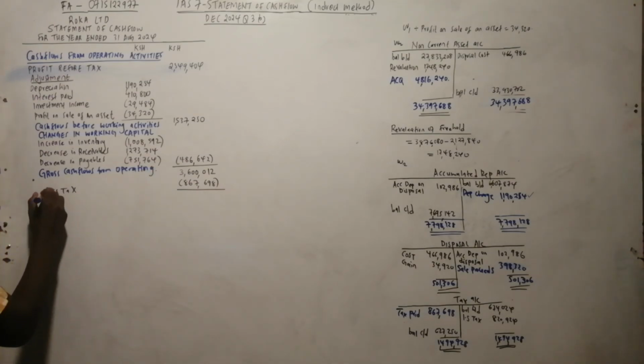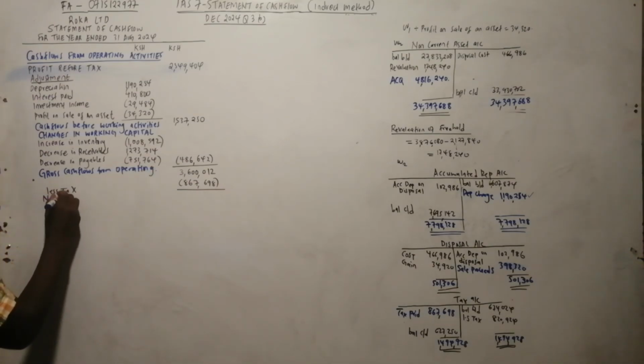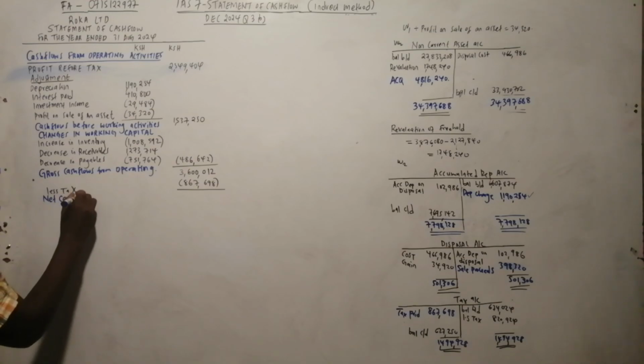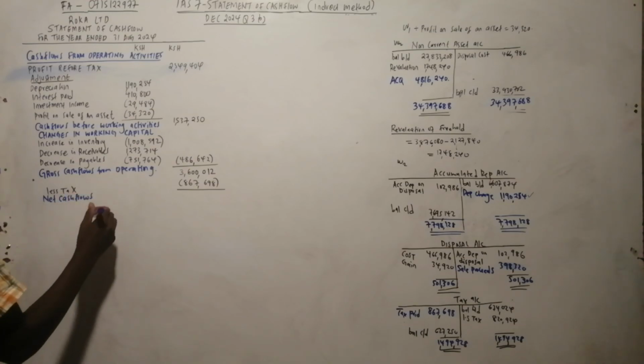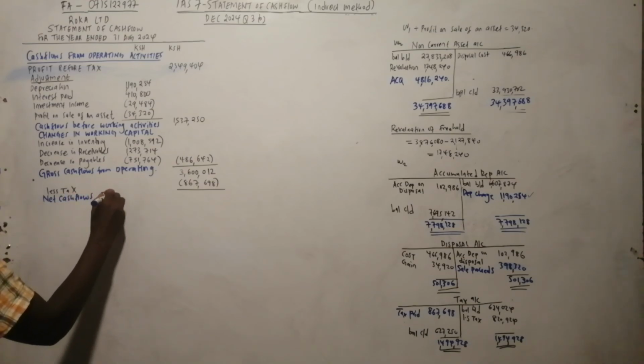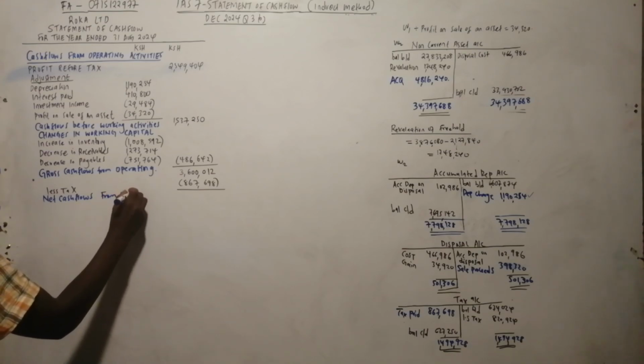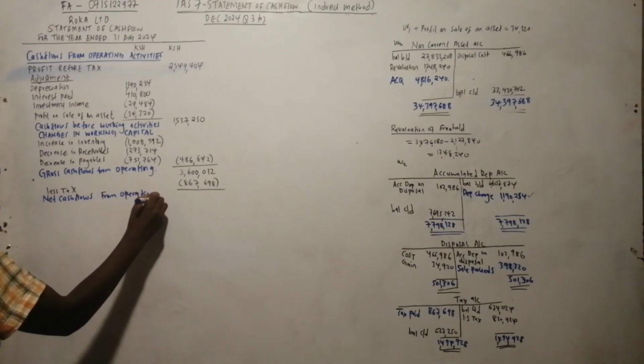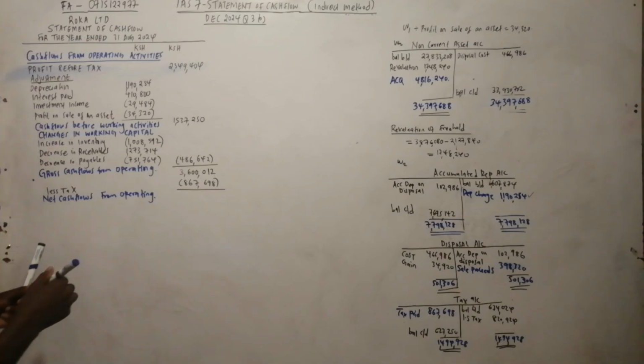And then ya mwisho utapata net cash flow from operating. Net cash flows from operating. So what will be the figure? So net cash flows from operating activities. So minus 867 698.